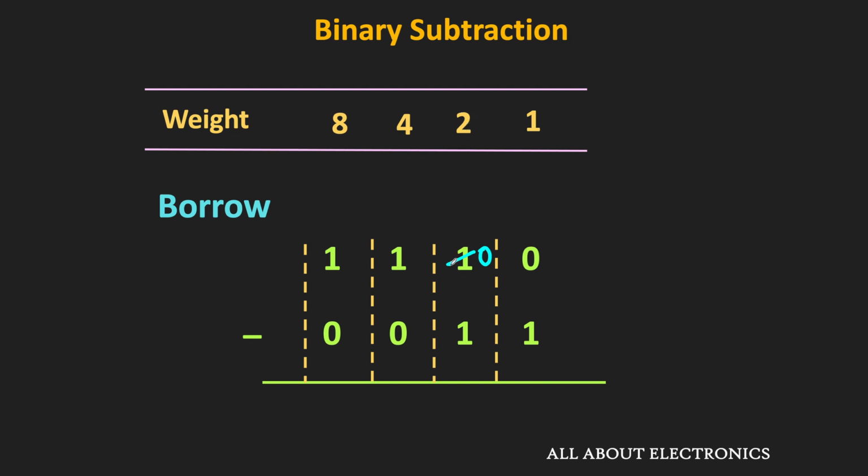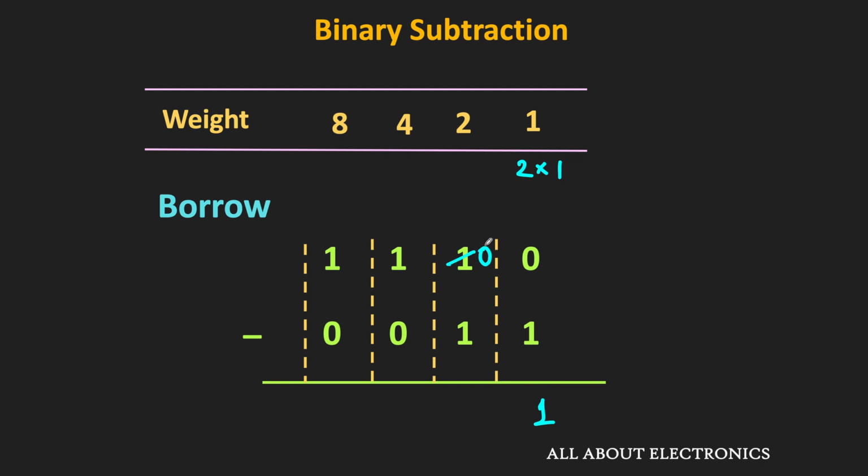But whenever we put this 1 into the ones column, its weight is equal to 2 there too, so in the ones column we can represent it as 2 times 1. Or in other words, there are two ones. So whenever we subtract 1 from the two ones, we will get 1. And that is how 0 minus 1 is equal to 1 whenever we borrow a 1 from the next column.